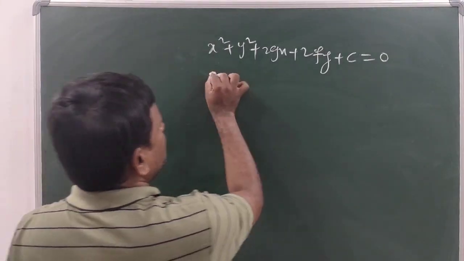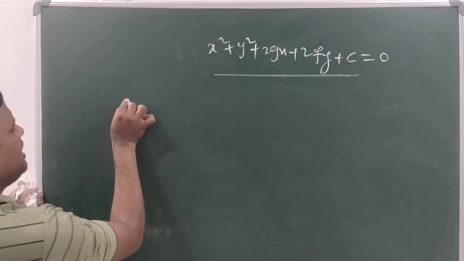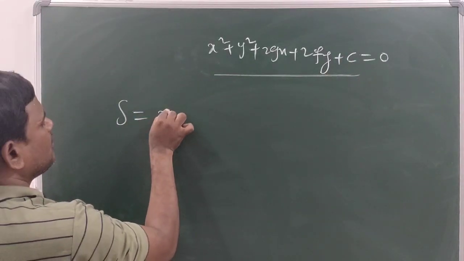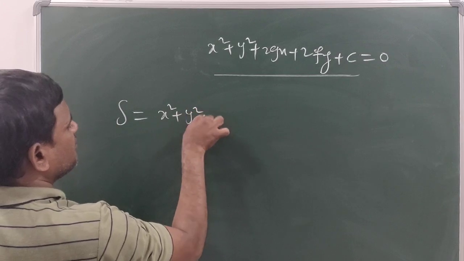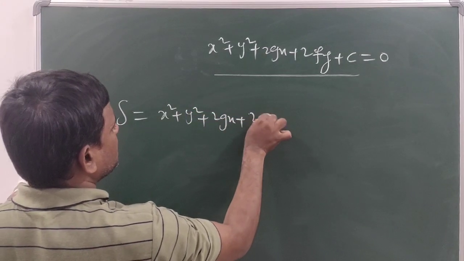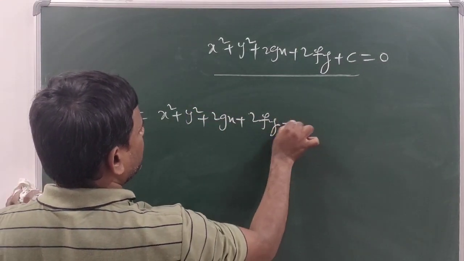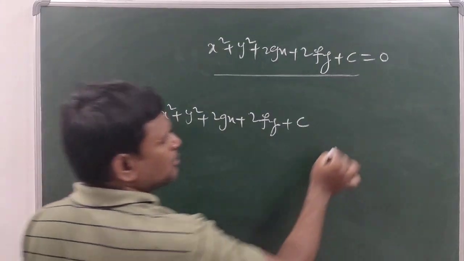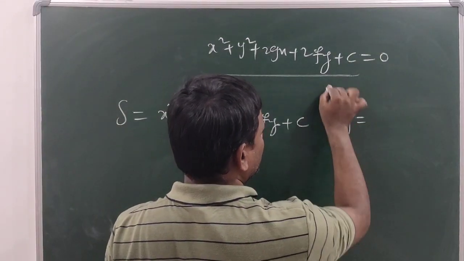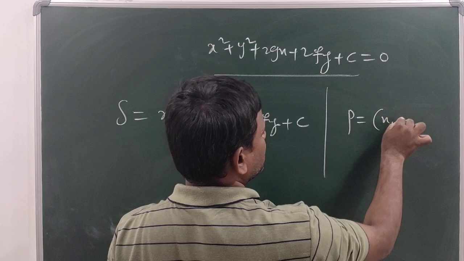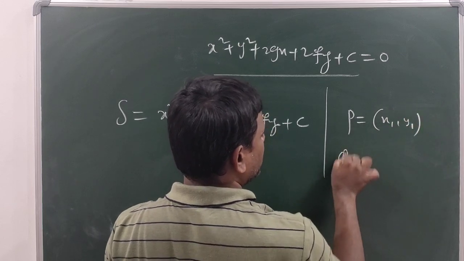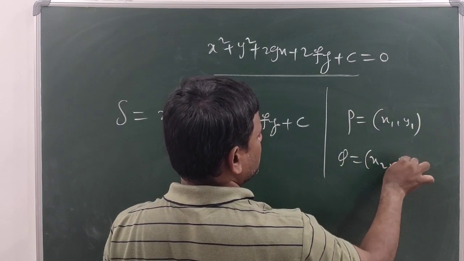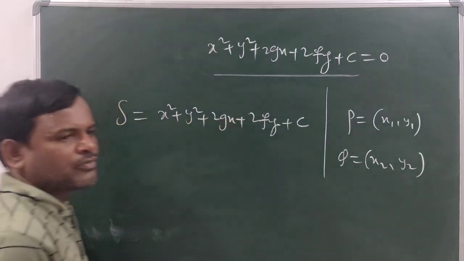So this left side expression must be taken as S, x square plus y square plus 2gx plus 2fy plus c. Now 2 points are given. Let us take 2 points, (x1, y1) and the other point (x2, y2).